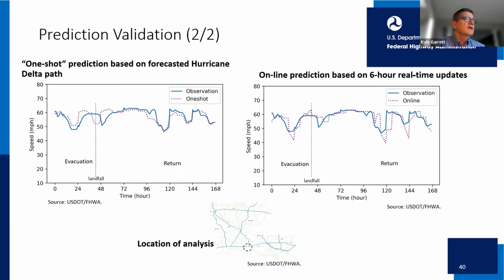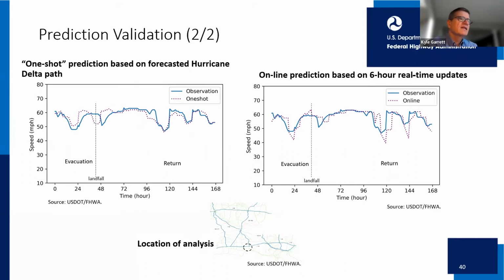On the left, we did what we call a one-shot forecast. It's well ahead of that, based upon the hurricane path and predicted landfall location. And as you can see, we caught the evacuation slowdown in traffic at that location. It's there about 20 hours in from the time that the simulation was started. Then we also caught, interestingly enough, the return traffic flow and the speed reduction that comes from all of the traffic trying to get back home after they've made their evacuation.